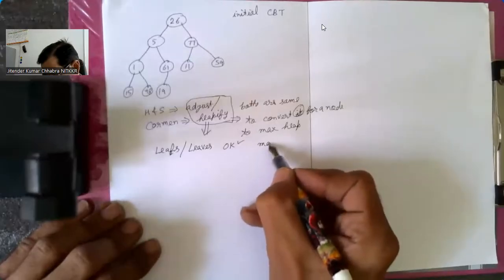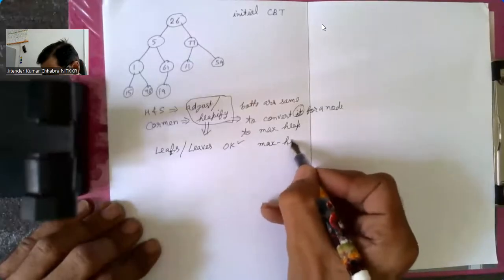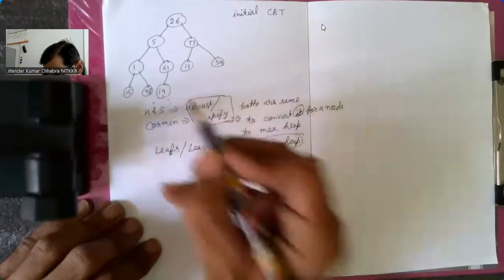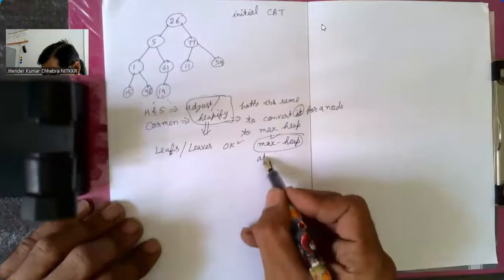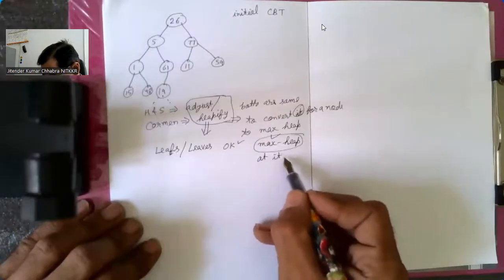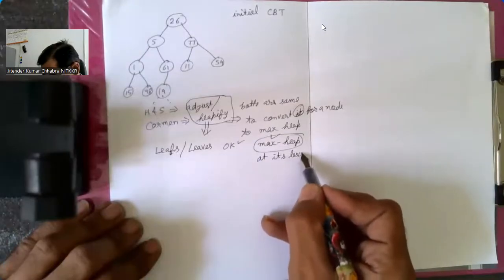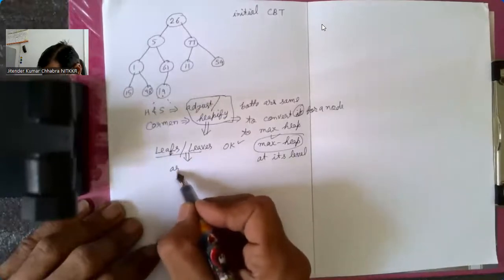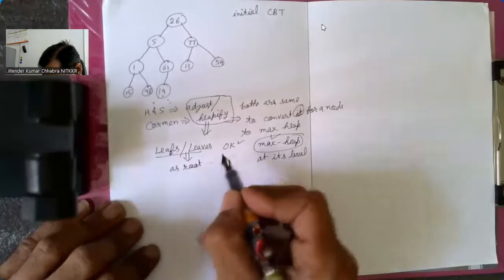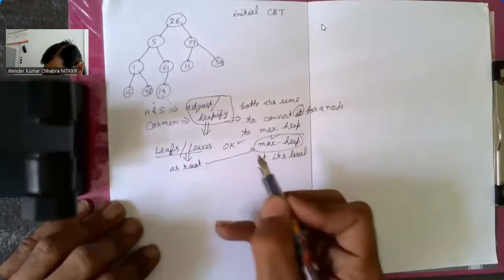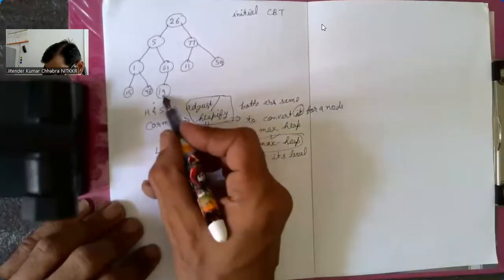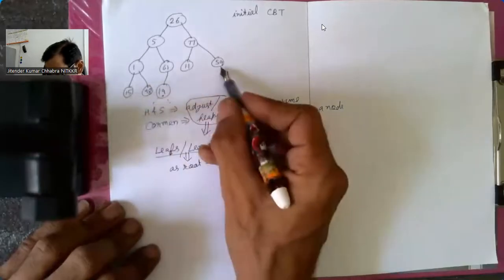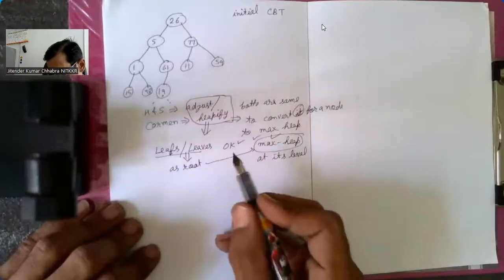Each leaf is already a max heap, because 19 is greater than its children at its own level. If you consider a leaf as a root of a tree, it is guaranteed to be a max heap. 19 is itself a max heap. 48 is greater than or equal to its children. 15 is also, 59 is also, 11 is also.